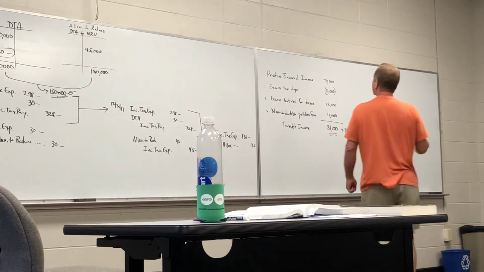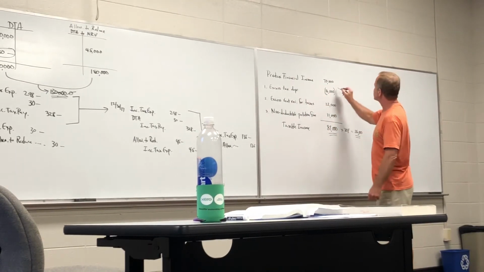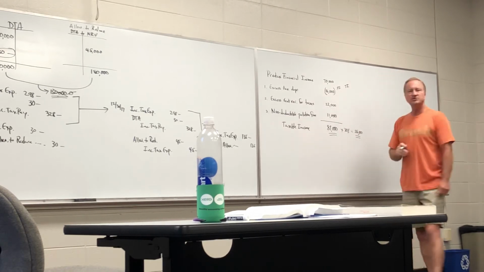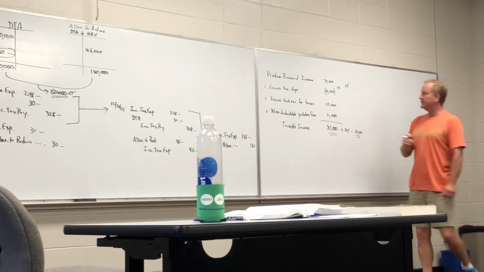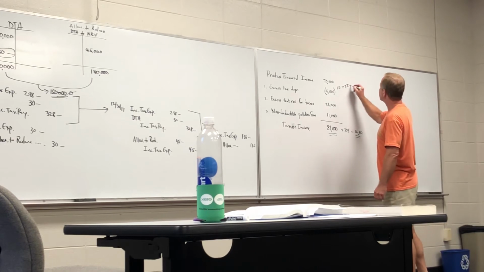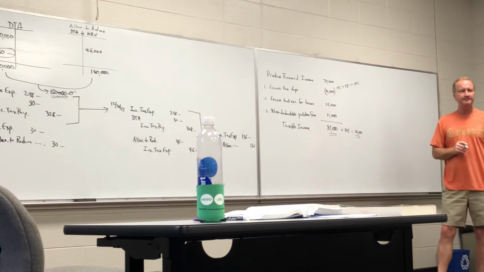Okay, so, all right. The excess tax depreciation as a result of that, what is the relationship between financial income and taxable income? Financial income is greater than. Therefore, this gives rise to a DTL. Okay?